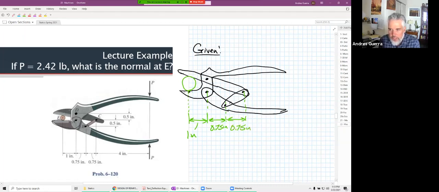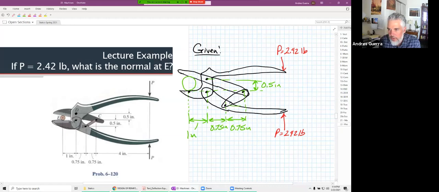0.75 inches. We have our forces that are applied over here, and they tell us that P is equal to 2.42 pounds. We have another P up here that's also 2.42 pounds. And we have some vertical geometry that we can do. Like they tell us that the distance from there to there is 0.5 inches.